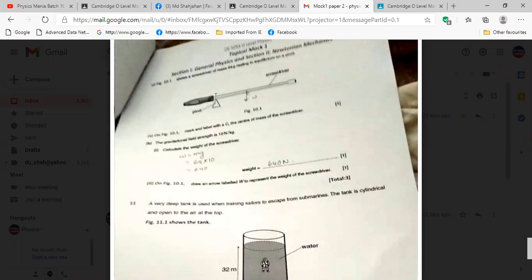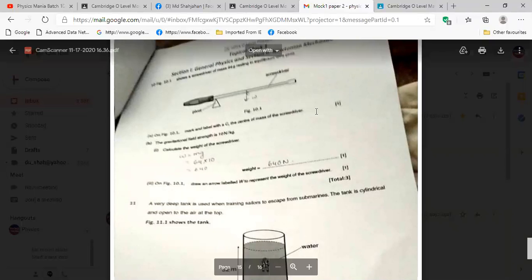So here is the center of mass, just above the pivot on the screwdriver. Okay, sir. Give minus 1 here.